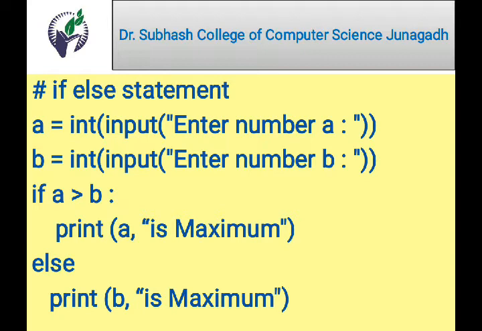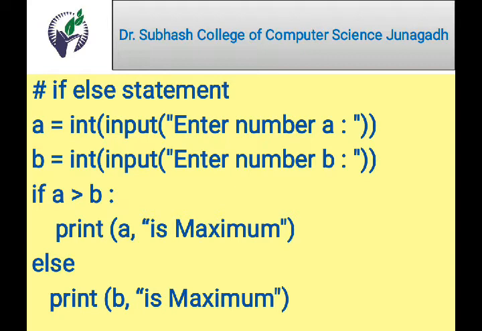First it will check if A greater than B, colon. If this condition is true, then "A is maximum" will be displayed. If this condition evaluates to false, then in the else part it will print "B is maximum".